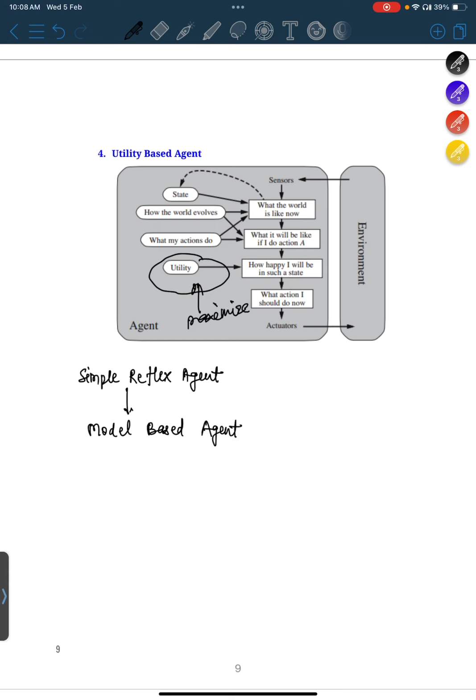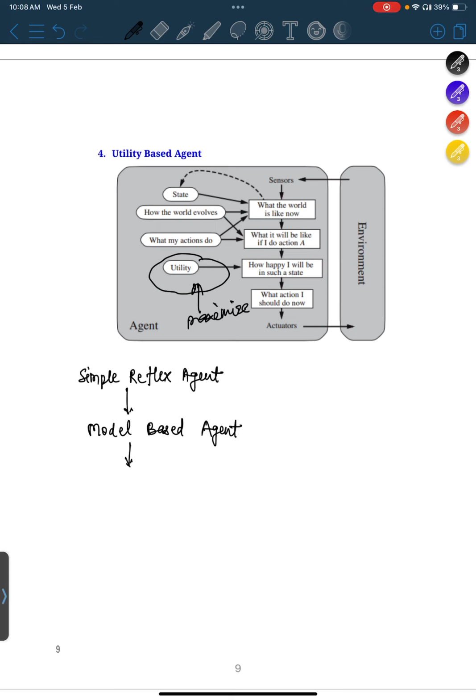Anything that can be done by a simple reflex agent can also be done by a model based agent, because that is much more powerful. This model based agent has some mathematical model to define our environment, what happened in the past, and how the environment is changing. So it will take an appropriate decision based on this.